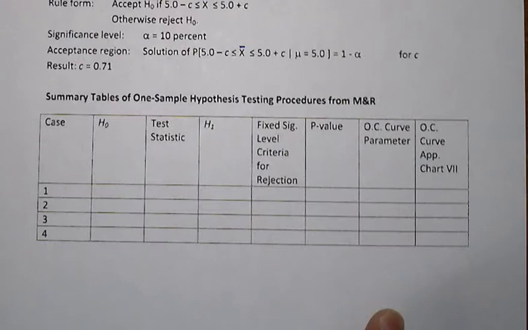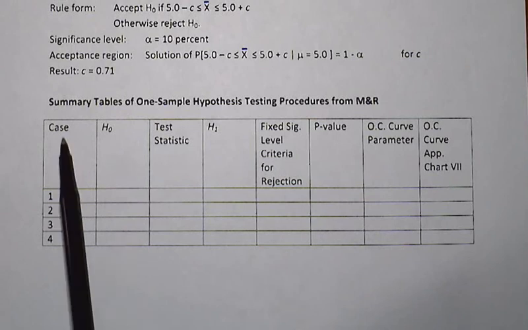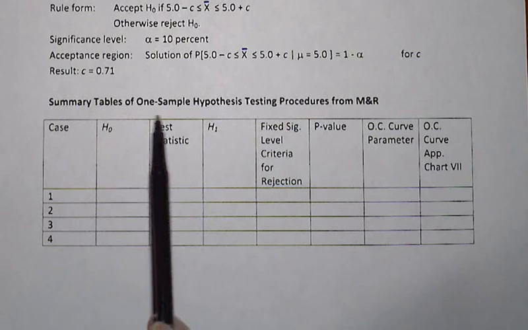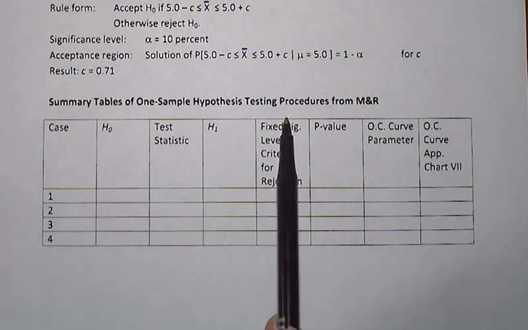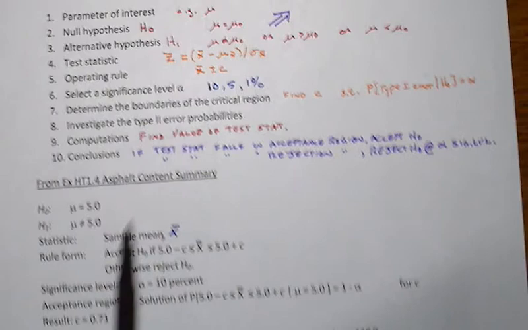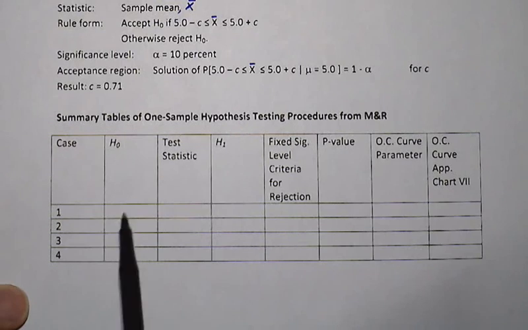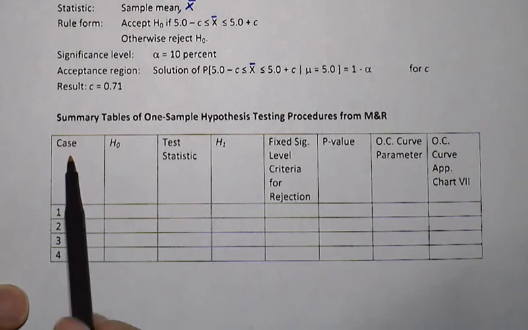And then finally, you'll note that on the inside of the back cover of the textbook, if you have a hardbound copy, otherwise you have to go find it in the electronic form, you've got this summary table of one sample hypothesis testing procedures. That's just to pull this kind of stuff into a nice, easy, simple reference. You'll see that you've got 4 different cases.